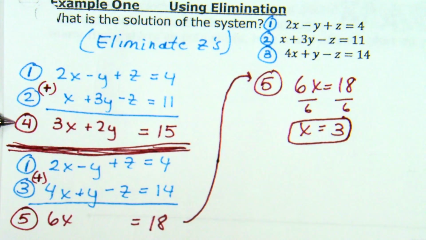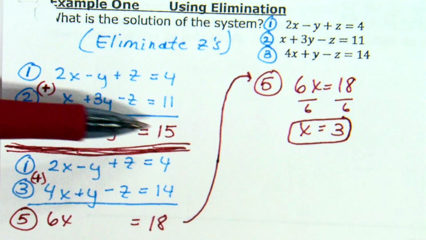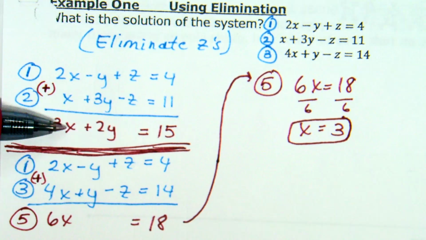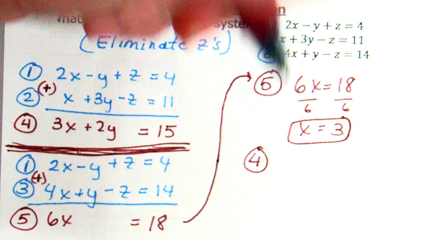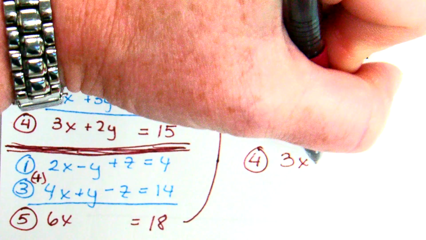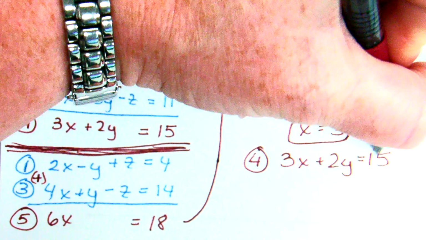The other equation that I was going to put with 5 originally is equation 4. Equation 4 is 3x plus 2y equals 15. If I know x, I can use that to find y. So let's plug it in there. Equation 4 is 3x plus 2y equals 15.